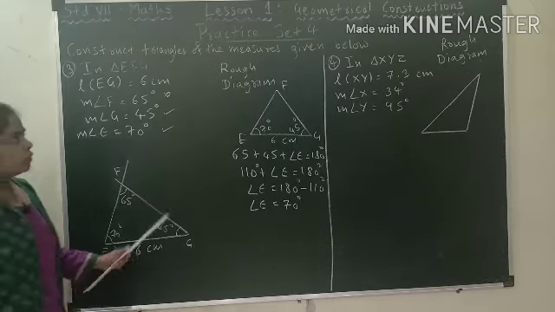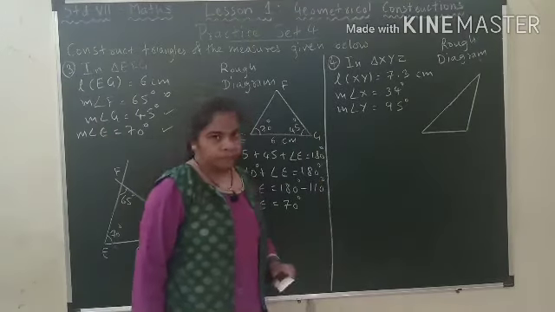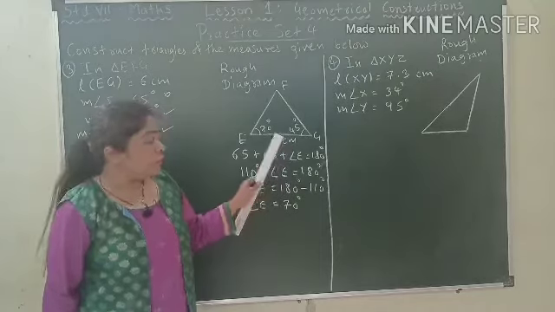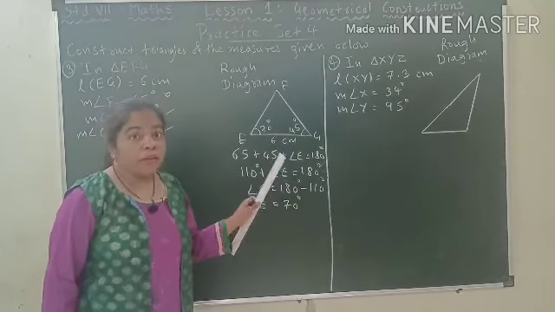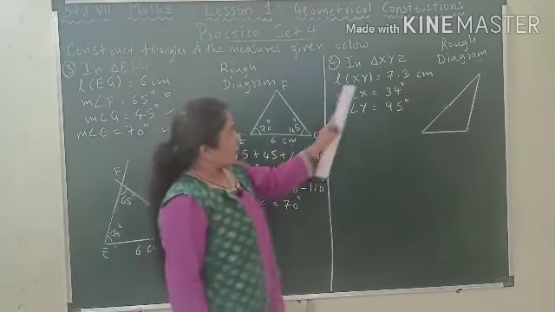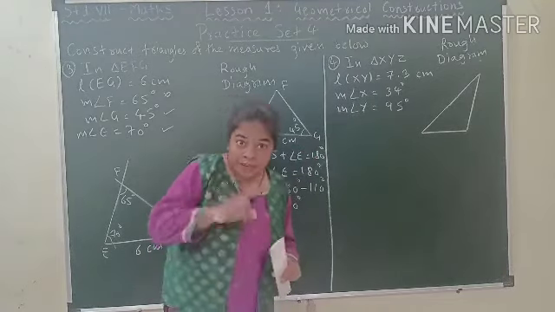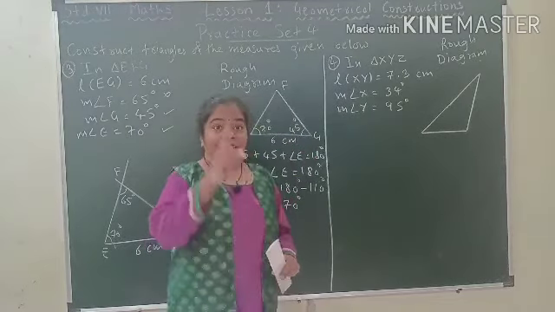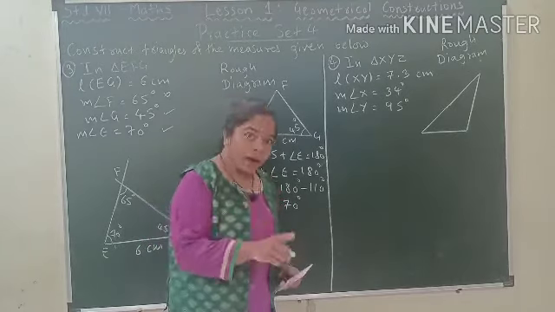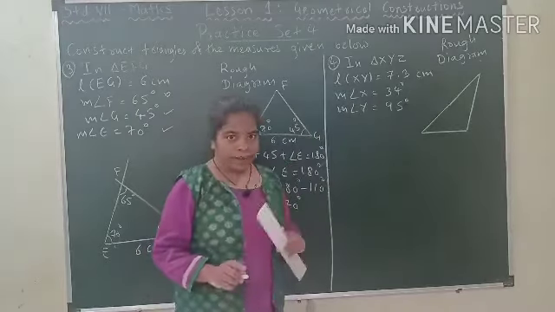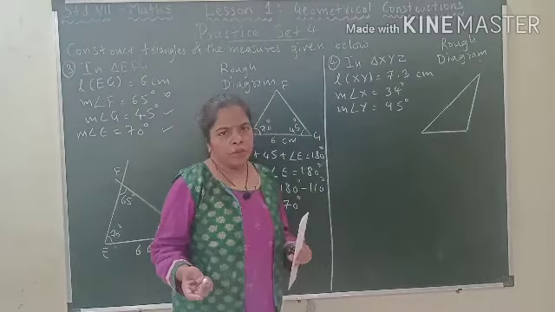Now let's move to question number 4. In triangle, first we'll see whether the information given is correct or not. In triangle XYZ, XY is 7.3. If XY is given, then angle X and angle Y should be given to us. They are given, we can very easily draw the triangle.